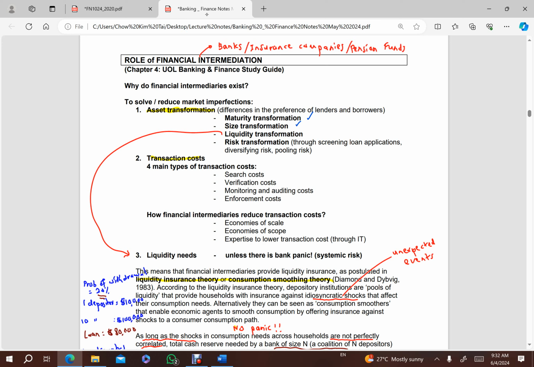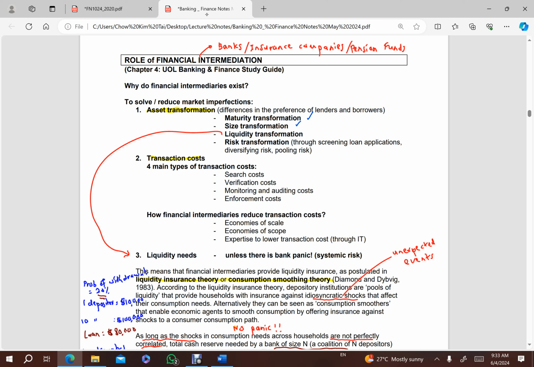Now liquidity transformation. Liquidity is cash. Although the investor or depositor puts money into the bank and the money is eventually lent out to the borrower, if the depositor needs cash, they can withdraw the cash from the bank anytime. You don't have to worry, even though your money has been lent out, you are able to withdraw money from the bank anytime you wish.